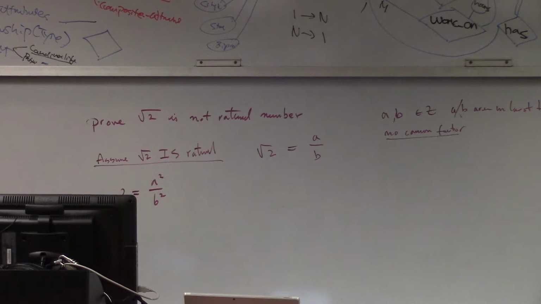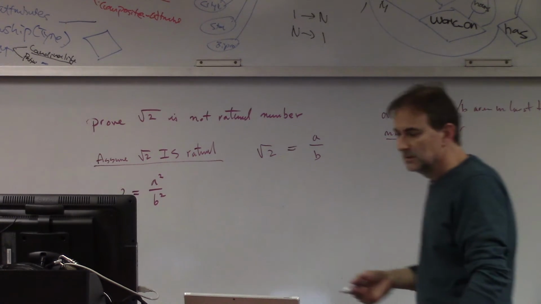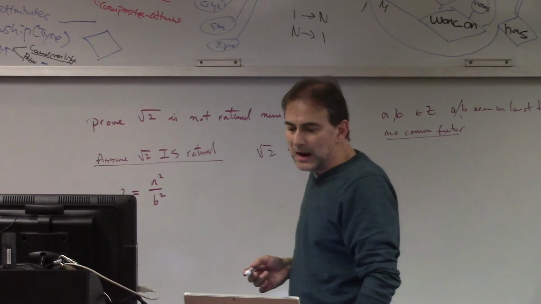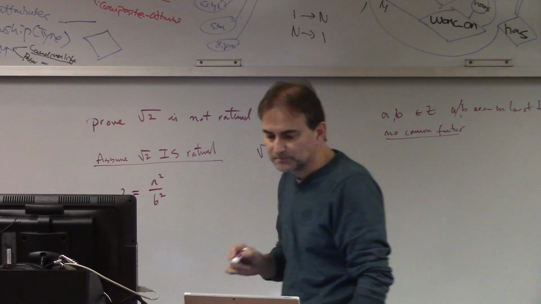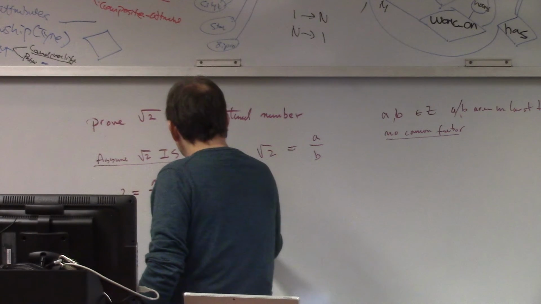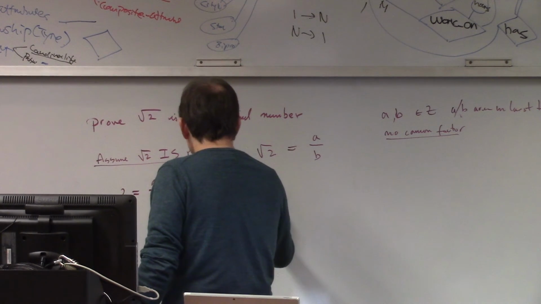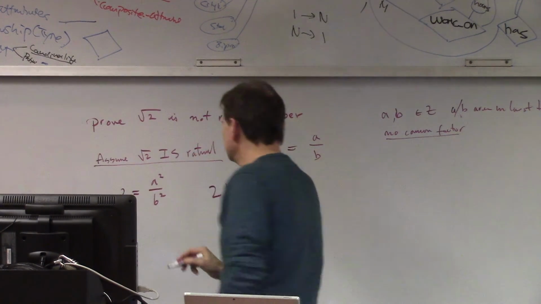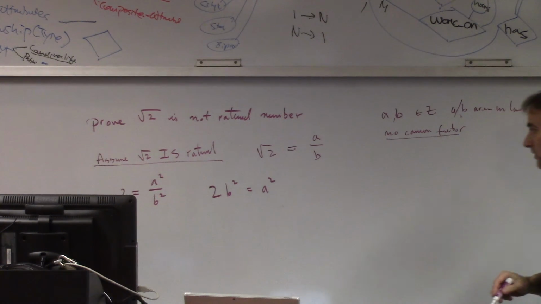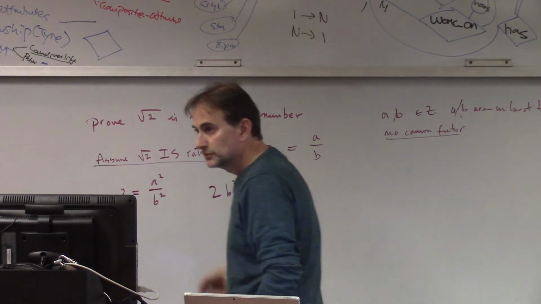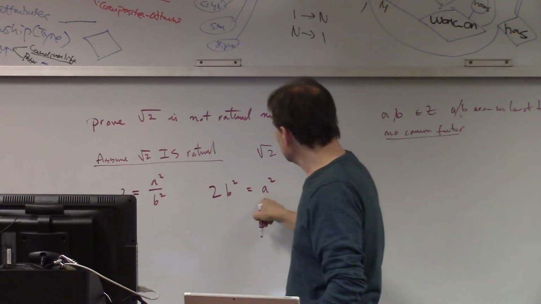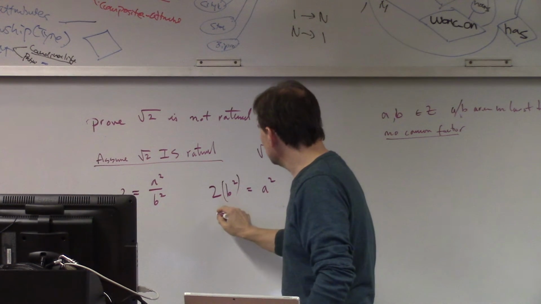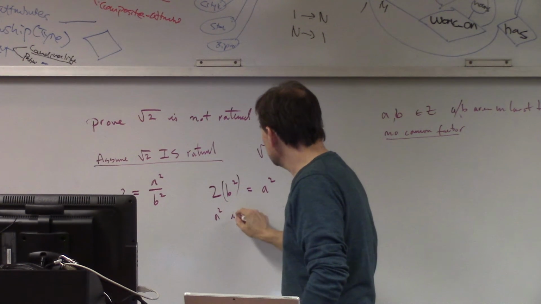Two equal things can be squared, and they're still going to be equal. Now I'm going to say 2 times B squared is equal to A squared. What do I do? Cross multiplication. Because A squared is equal to 2 times B squared, that means that A squared is even.